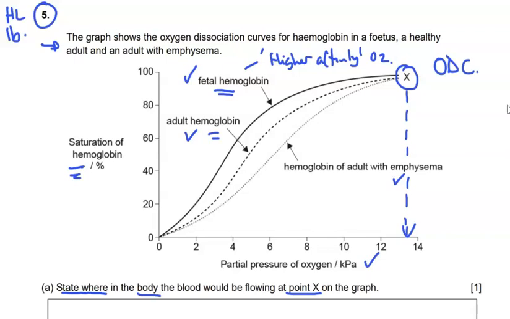We could measure this off accurately and determine that it's roundabout between 13 and 14 kilopascals of pressure of oxygen. So where in the body would such a high partial pressure of oxygen exist? And the answer is in the lung, or indeed in the alveoli.